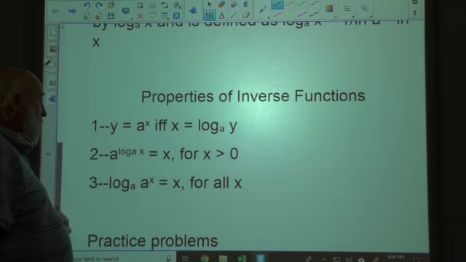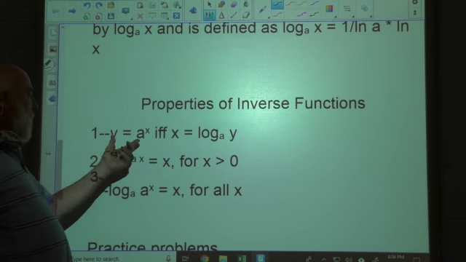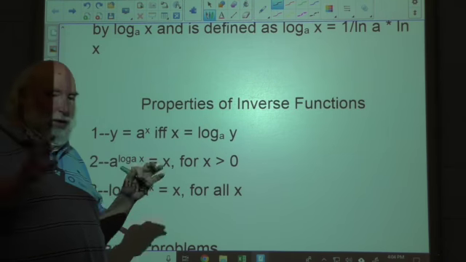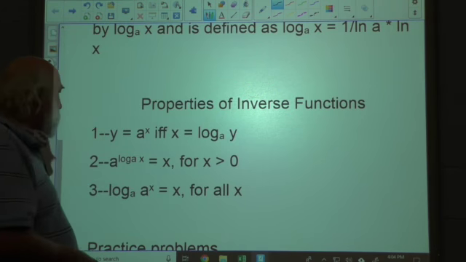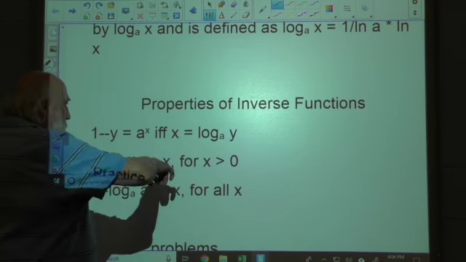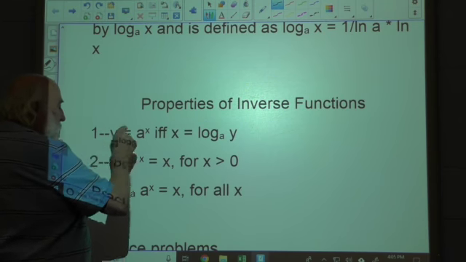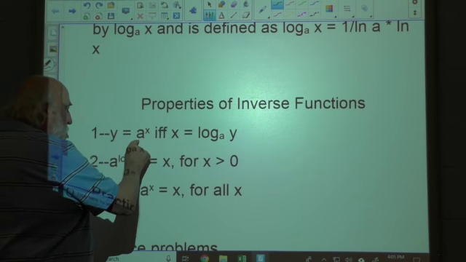This is where the rubber hits the road: the properties of inverse functions. So we can say y equals a to the x if and only if... Now this is really important here. This will help you understand, I hope, especially when you start doing the problems. Okay, so this a is being taken to the x power. That means x is its exponent, and a is the base of that exponent.